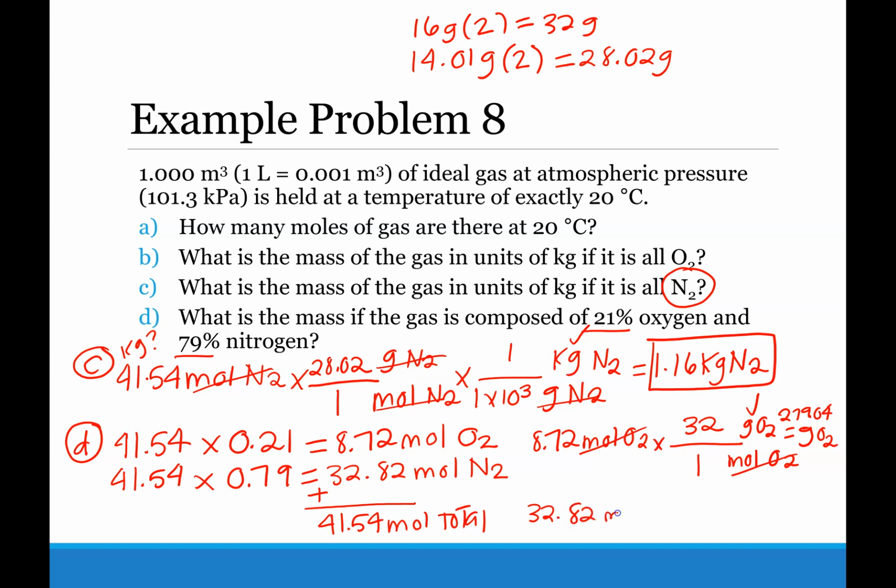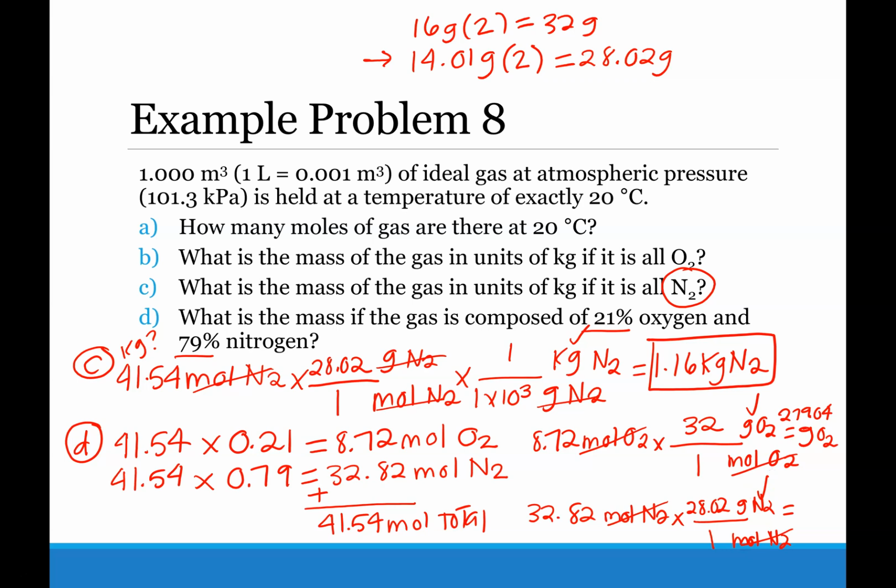And so the same thing on bottom, 32.82 moles of N2. Moles of N2 goes on bottom, grams of N2 goes on top. And so in 1 mole, we'd already decided up here that there were 14 grams, and that times 2 is 28.02 grams. So moles of nitrogen cancel. We're left in grams of diatomic nitrogen.